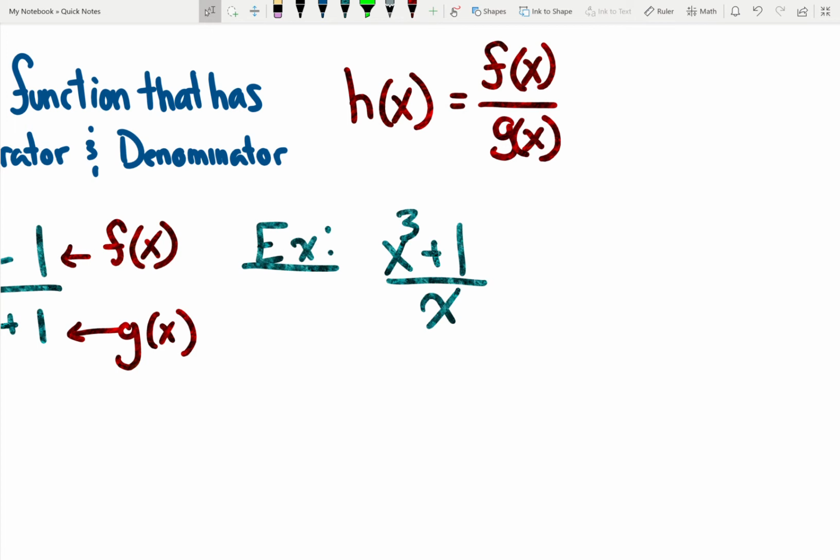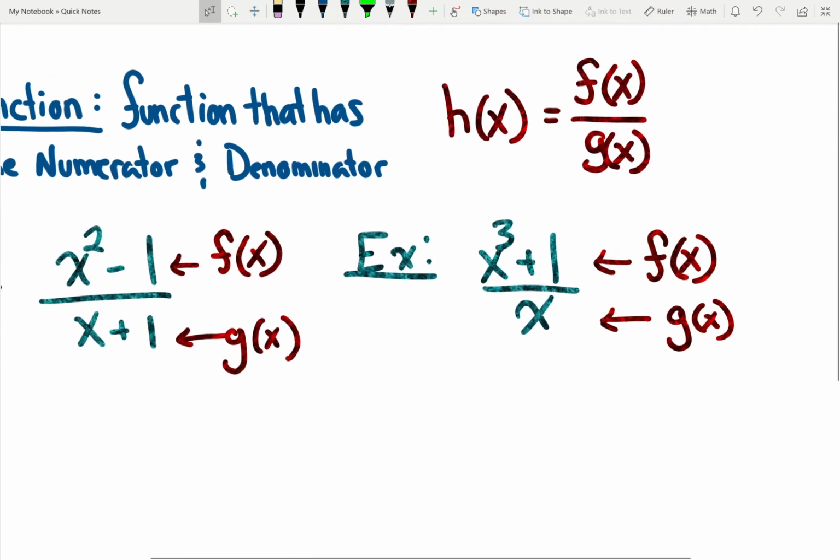Because x is in the denominator by itself, this would be g of x. And our f of x here would be x cubed plus 1. So the polynomial on top would be referred to as f of x, and the other would be referred to as g of x.